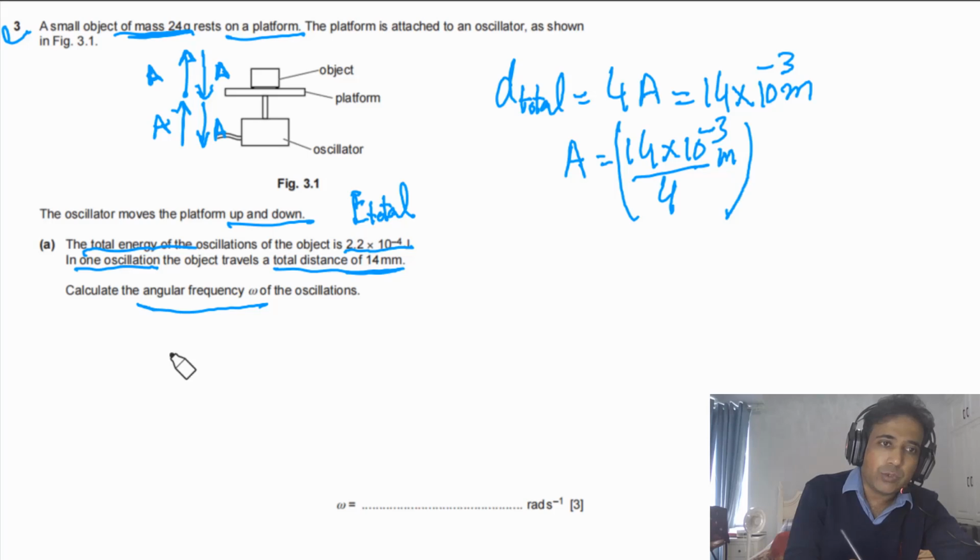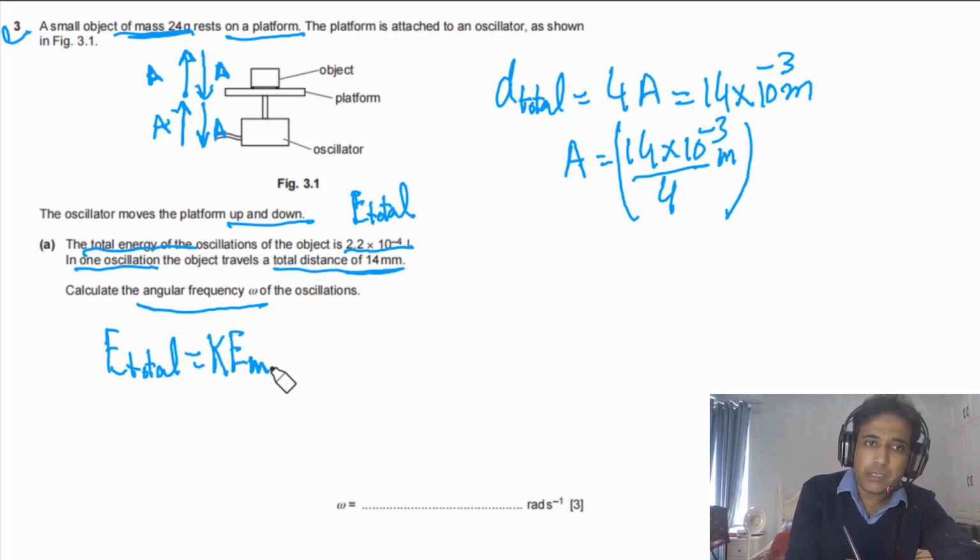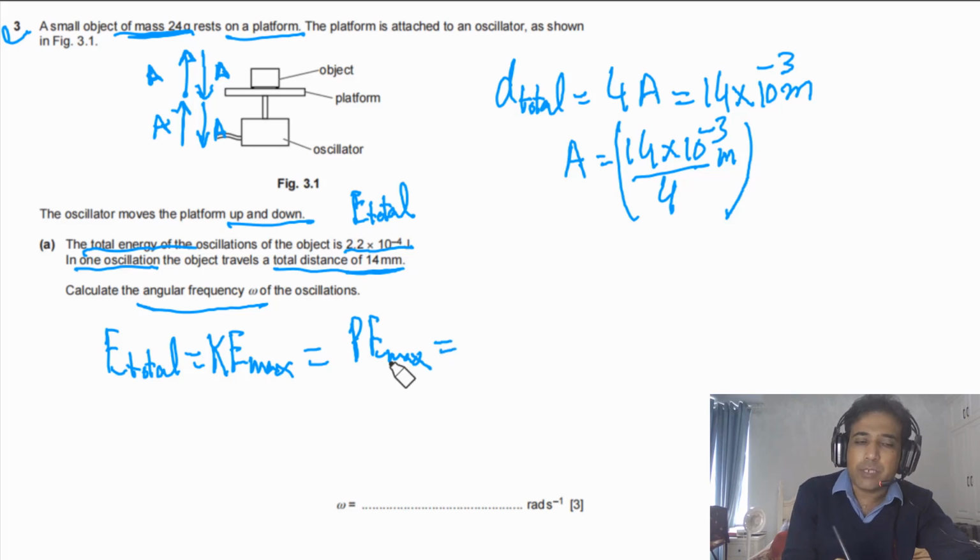Total energy can be equal to kinetic energy maximum, so we can say KE maximum. This also can be equal to potential energy maximum, but we can use kinetic energy here, so this is easy. We can say this will be equal to 1/2 m V max square.